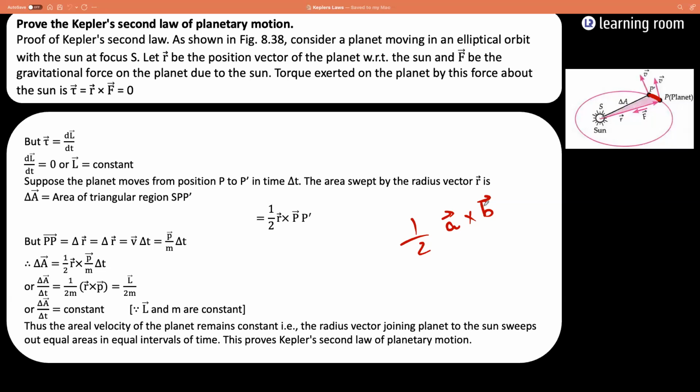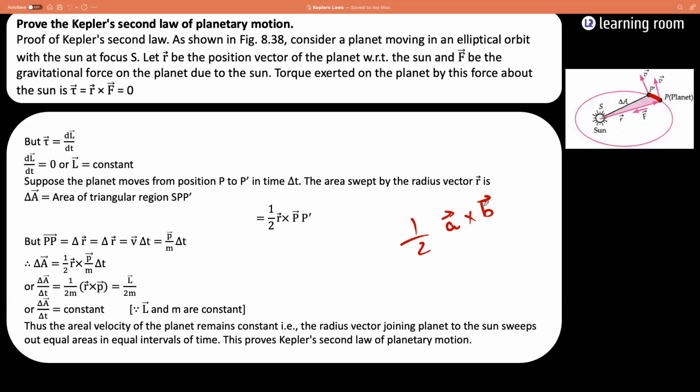Right? So half into R vector cross P dash vector. Now for this P dash, I'm going to find that value using the triangle of vectors. So though the magnitude of this R vector and this R vector are same, what is different? The orientations are different, right? They're in different directions, right?